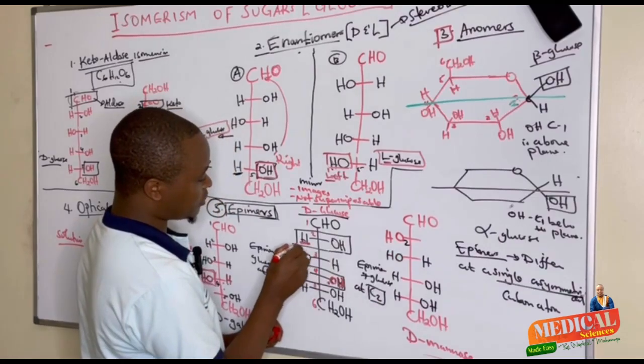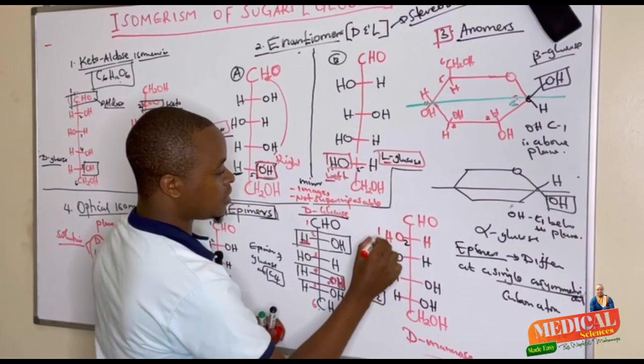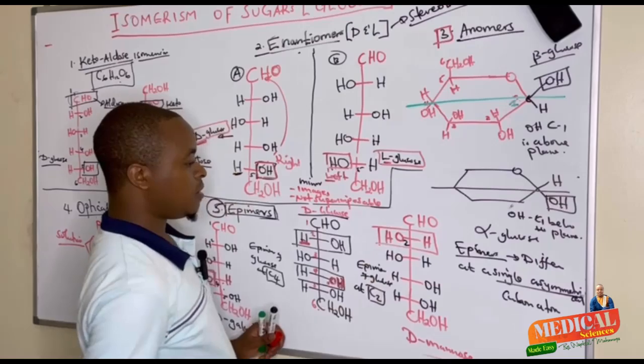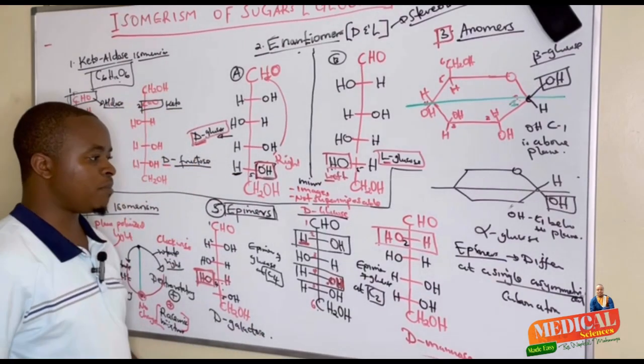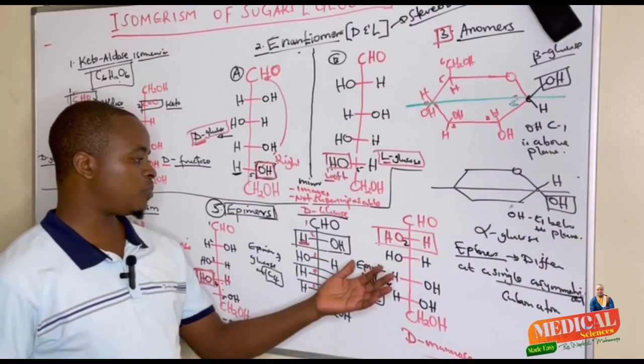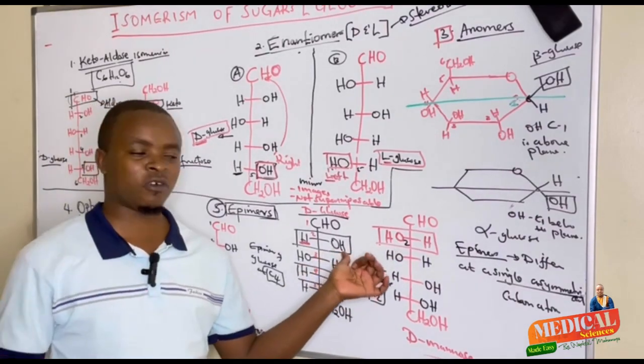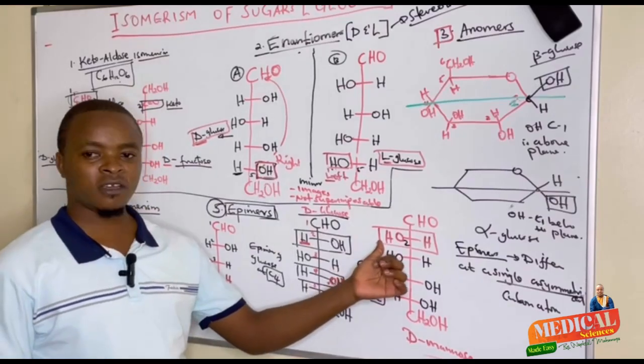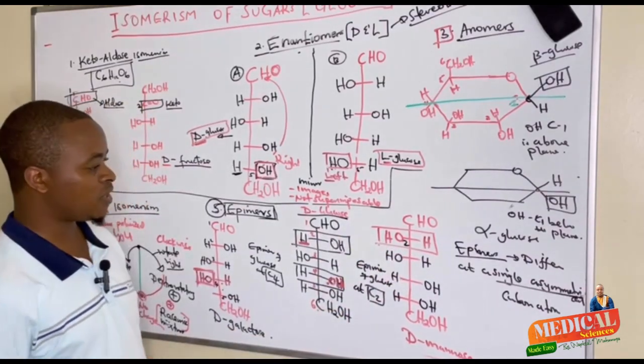And the hydrogen, which was on the left, goes to the right. And we end up by saying that mannose is an epimer of glucose at carbon number 2, whereby the hydroxyl group, which is supposed to be on the right for glucose, is on the left for D-mannose. So they become epimers of each other.